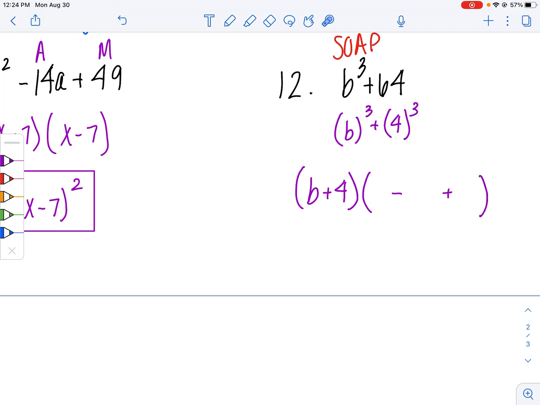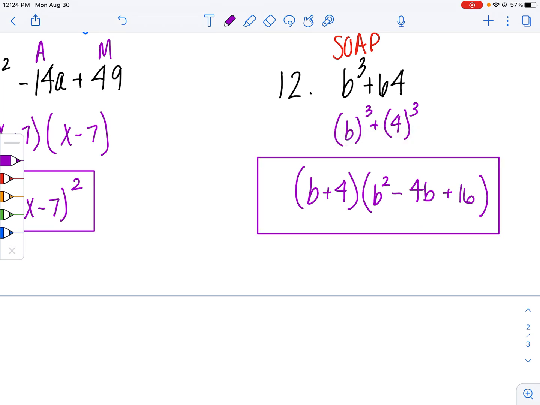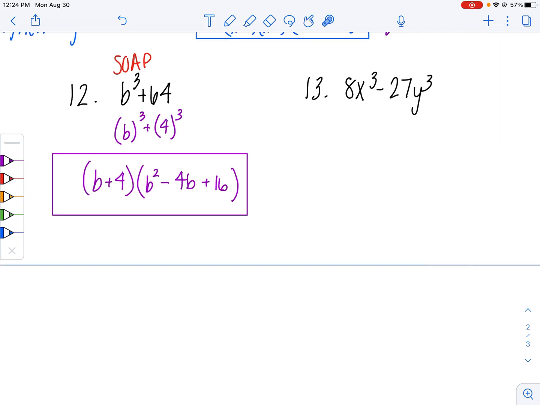We need a little more room there. B plus 4. I'd take my first term, square it, so b squared. First times second is 4b. And my second term squared is 16. So that is a sum of perfect cubes here. And I notice that because of the cube here, and I can rewrite 64 as 4 cubed.